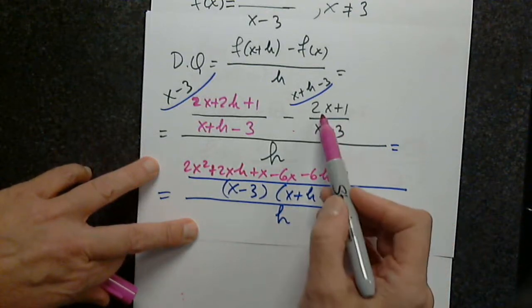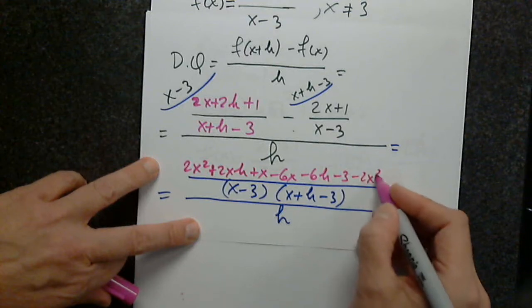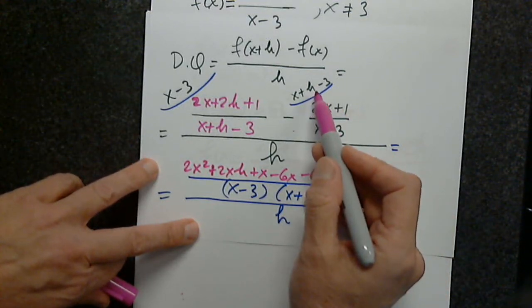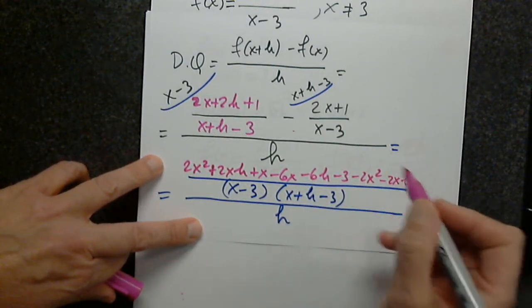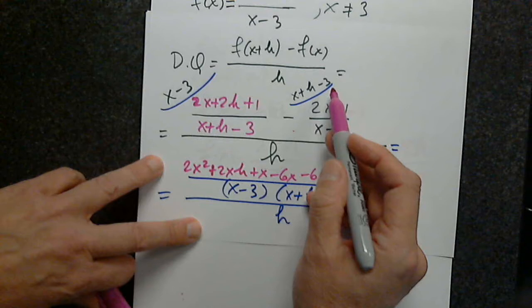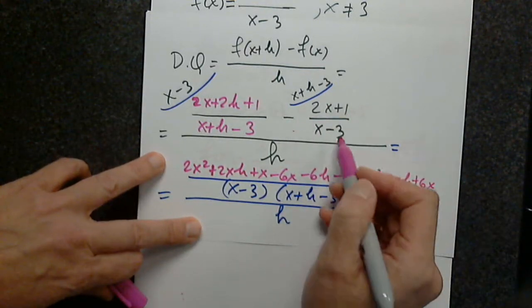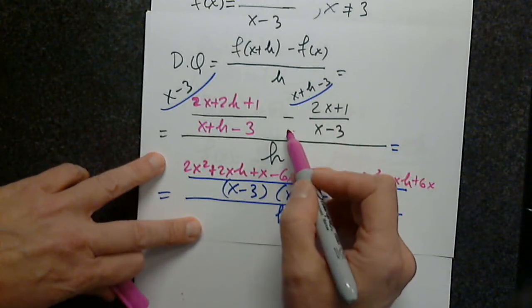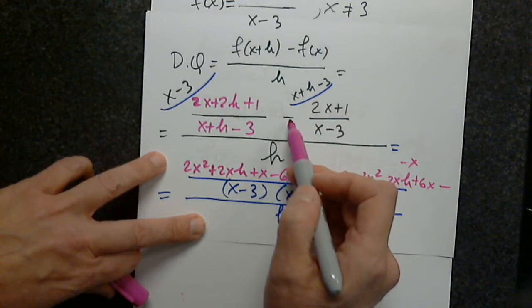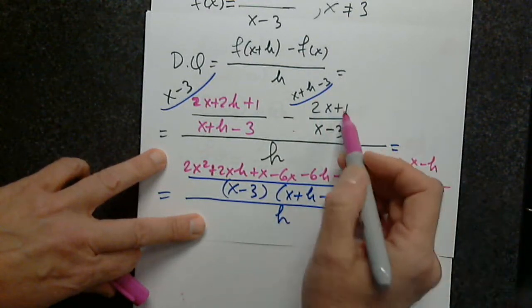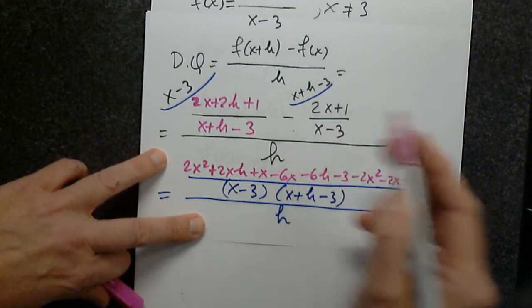Then 2x times x with minus in front, 2x times h, 2x times −3, 1 times x, 1 times h, and 1 times −3, all with minus in front.